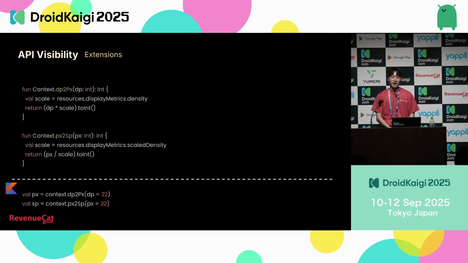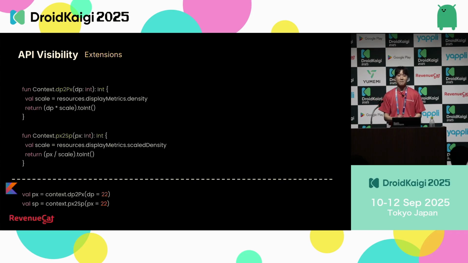And if you have any extension functions intended for internal use, it's much more important to add visibility modifiers. Extension functions are very convenient to add new features and functionalities to existing types without modification.